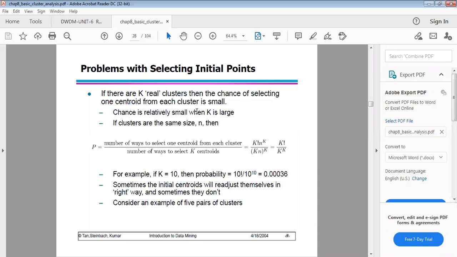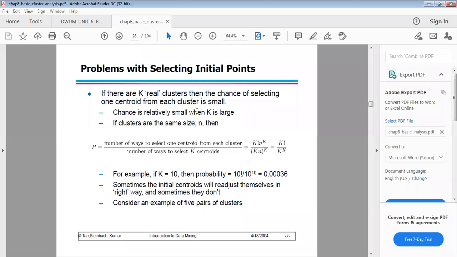For example, if the number of clusters is 10, the probability is 10 factorial by 10 power 10, which gives the value 0.00036. That is the probability that we represent the initial points.